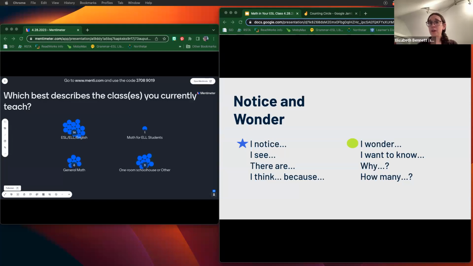You can use it for an algebra equation, you can use it for a graph, you can use it for anything. And even if I don't understand anything about the problem, I can notice things. I see blue dots, I see circles. I see the word math. Everyone can notice, and everyone can ask questions. Everyone can wonder.